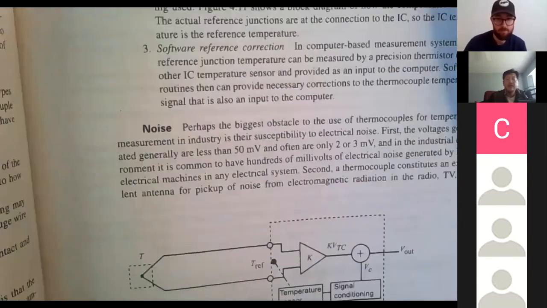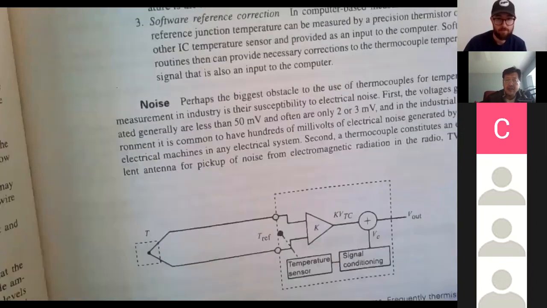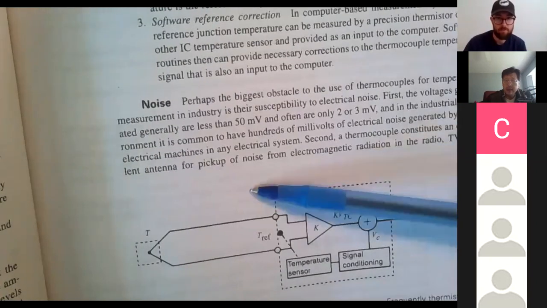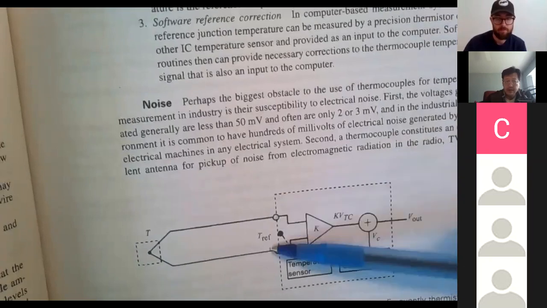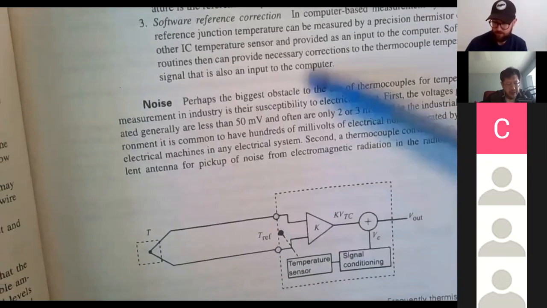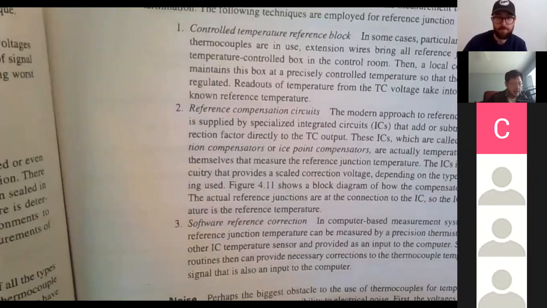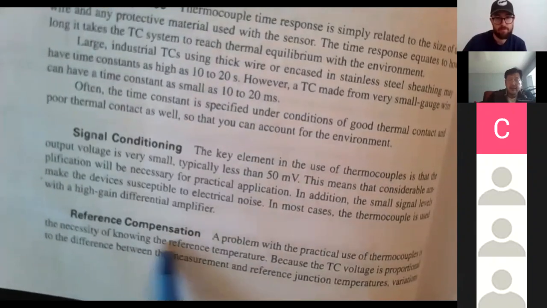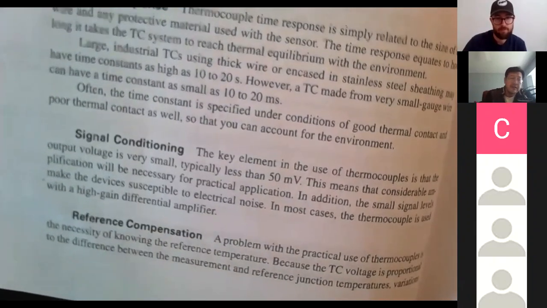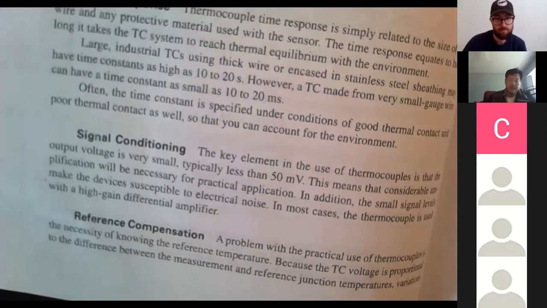What happens if your equipment is outside? The temperature does change throughout the season. So in that case, you need a compensation circuit. That is what we call reference compensation for a thermocouple. That thermocouple is a little battery.